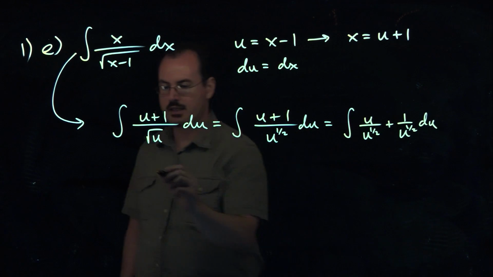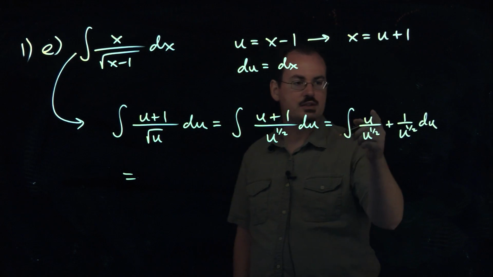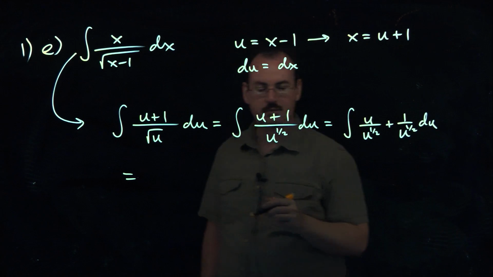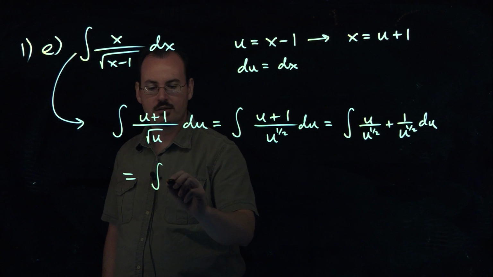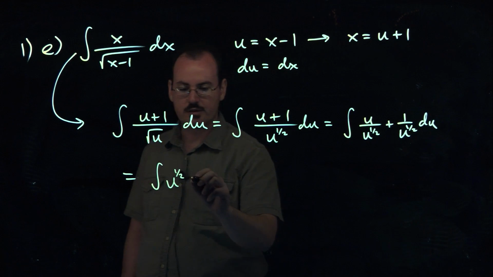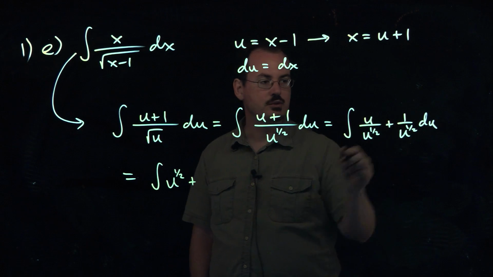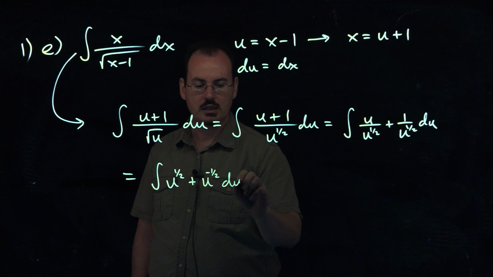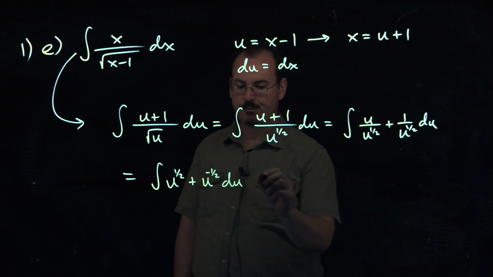Okay, then I can use my laws of exponents. This is a first power, that's a 1/2 power. Remember, when you've got this situation, you subtract the exponents, so I get 1 minus 1/2, that's 1/2. The other term, there's just a 1 up there, so I can move that denominator term to the numerator, and doing so changes the sign of the exponent. So that's the integral I need to find now.